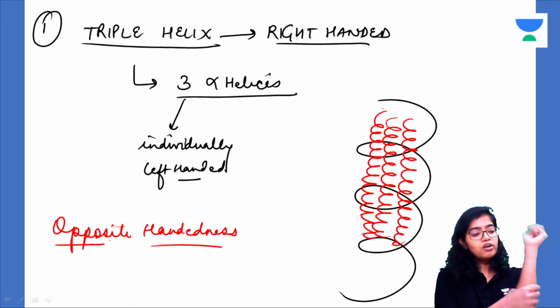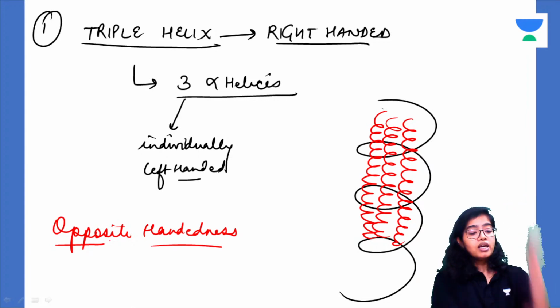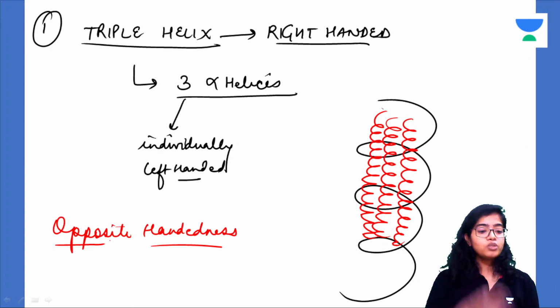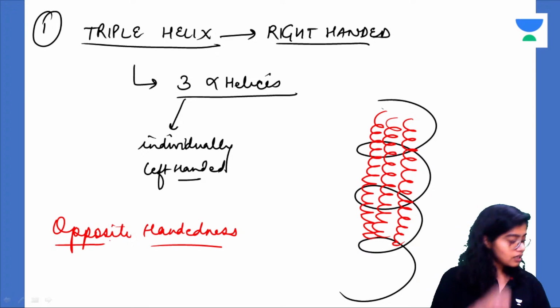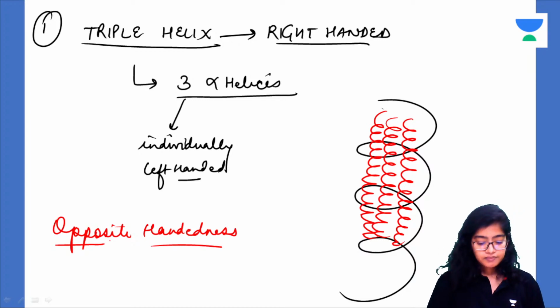You twist your hand and the skin bounces back. Why? Because the collagen molecules present in the connective tissue of your hand are prevented from being twisted. Got it? Understood? Why? Because of opposite handedness.